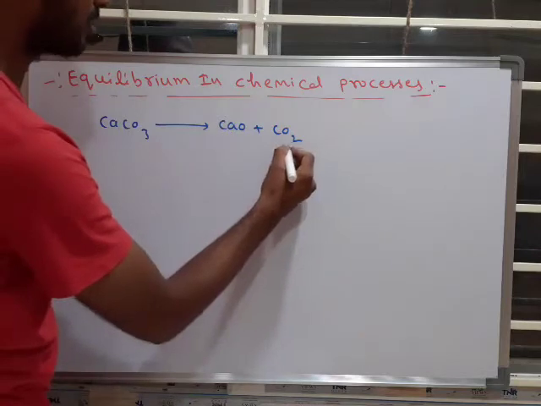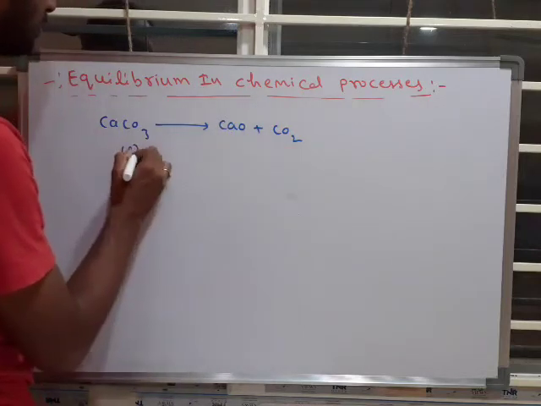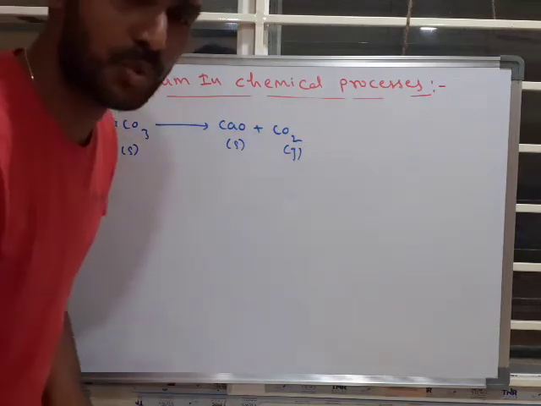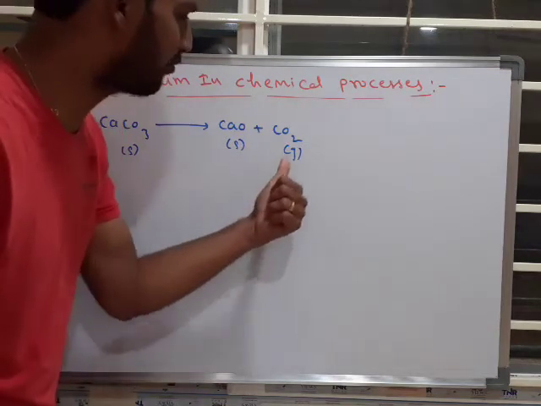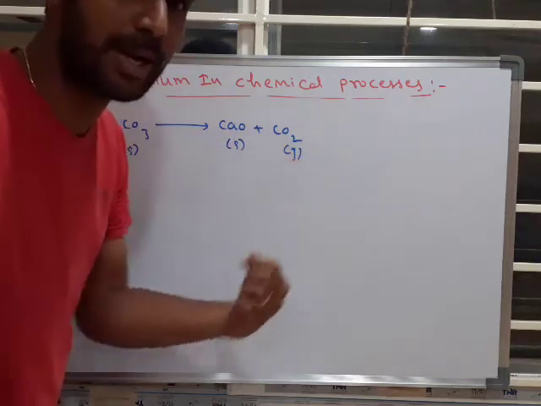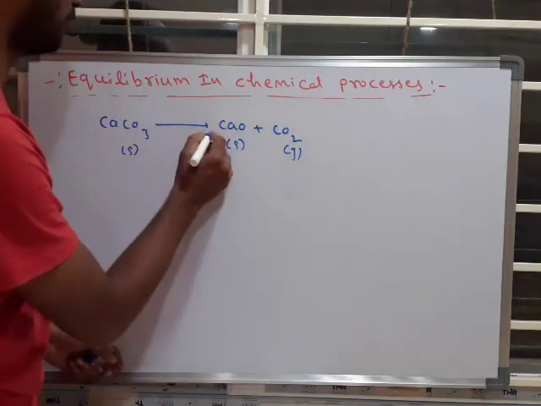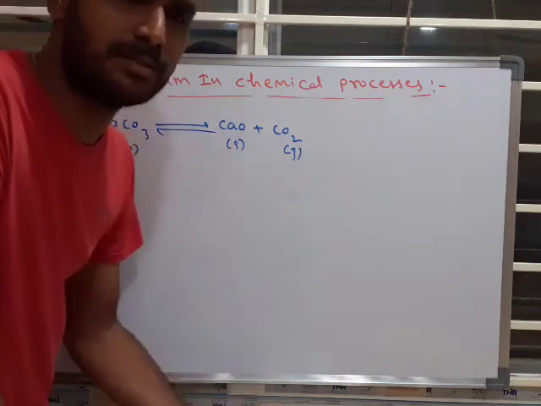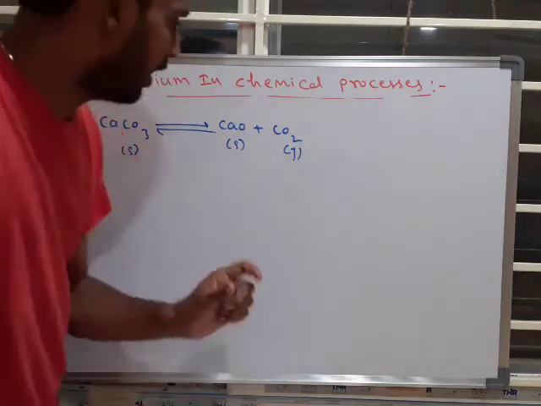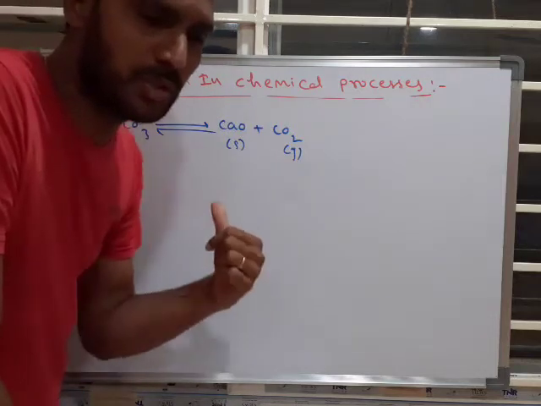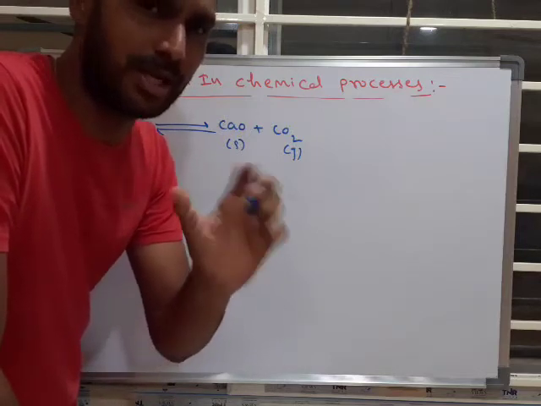CO2 is in the gaseous state, this is solid state. When it is kept in a closed vessel, then only there is a possibility of a reverse reaction, CaO plus CO2 combining and again forming CaCO3.